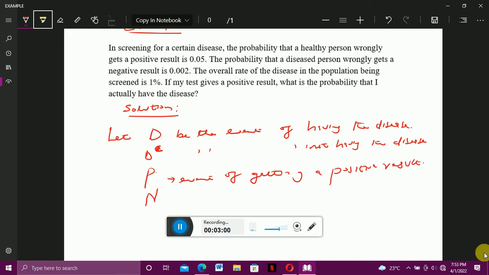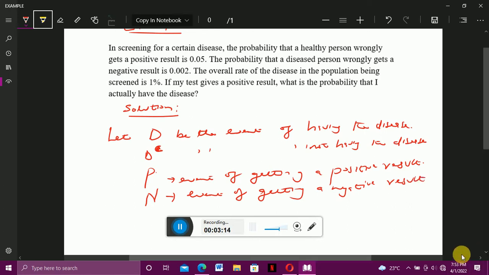And we can also let N be the event of getting a negative result.